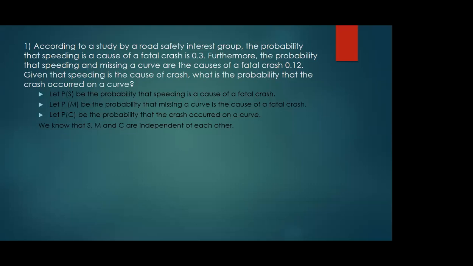Because if the crash occurred on a curve, you did not miss the curve, so M and C would be independent of each other, and one can speed and have a fatal crash, but it is not caused by hitting a curve. So we assume that each event is independent of each other.